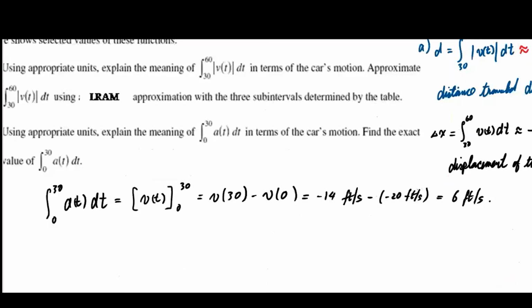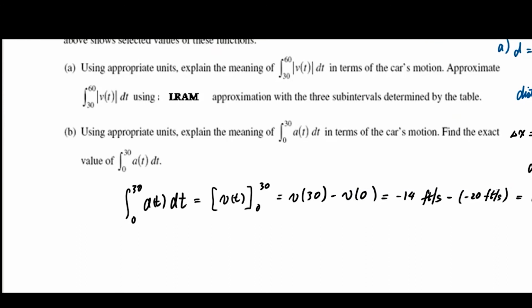You with me? So what is the meaning of this then? What is this 6 feet per second? And the key is right here, this minus this. What is it? Feel free to use your microphone. Change in velocity. Yeah, change in velocity.